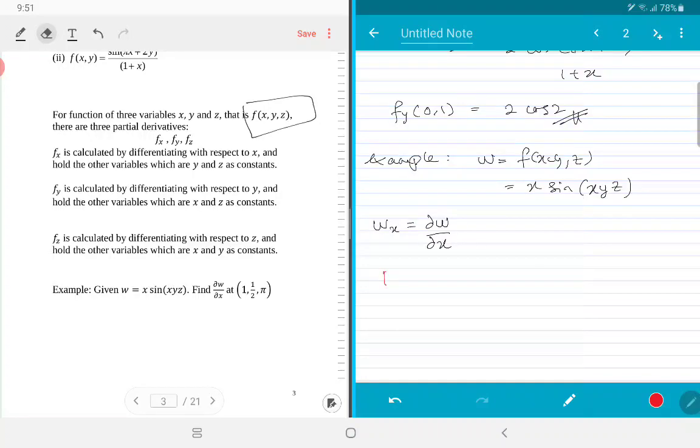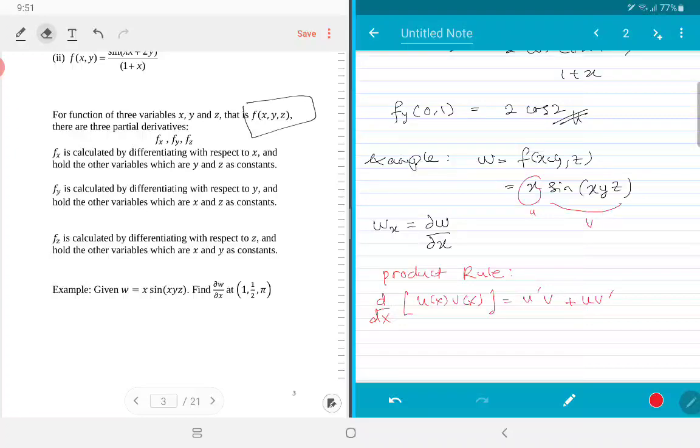If you recall the product rule from engineering math 1 or from high school, if you have a function multiplied with another function, let's call them u and v, you differentiate the first function and keep the second function, plus you keep the first function and multiply with the derivative of the second function. So in our case, this would be our u and this would be our v.